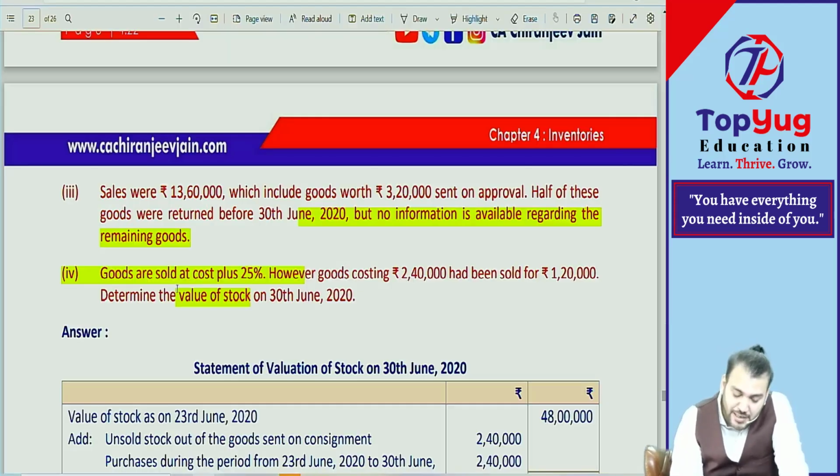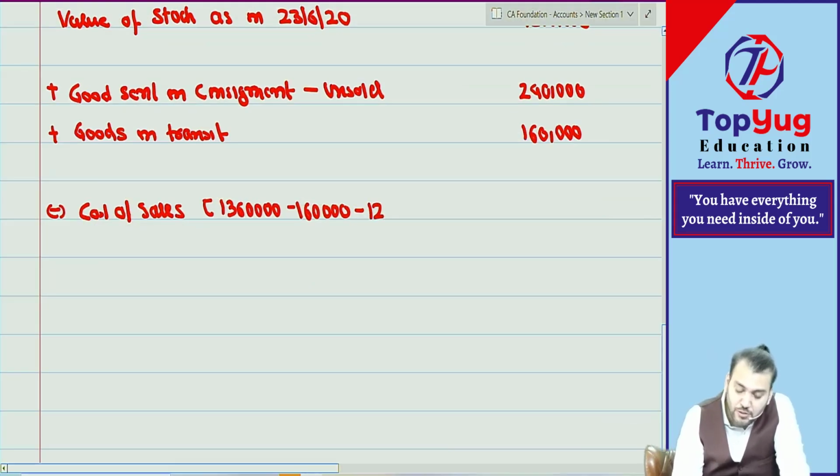So what are they saying? Goods costing rupees 2 lakh 40,000 have been sold for rupees 1 lakh 20,000. So minus 1 lakh 20,000 also we'll do, because this was sold at a loss. So now how much does it become? 10 lakh 80,000.